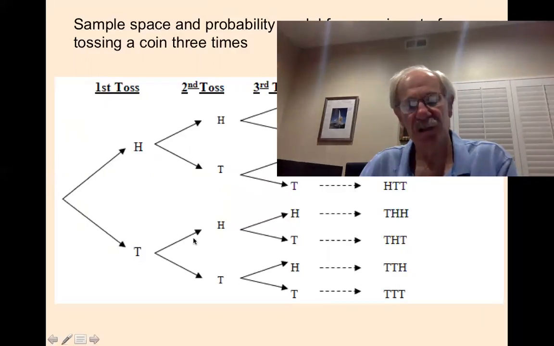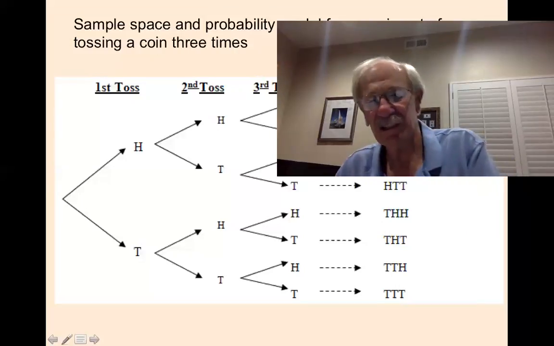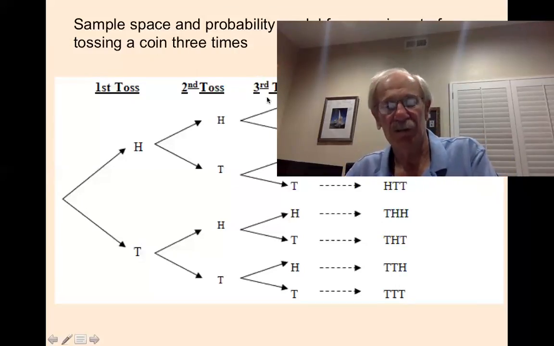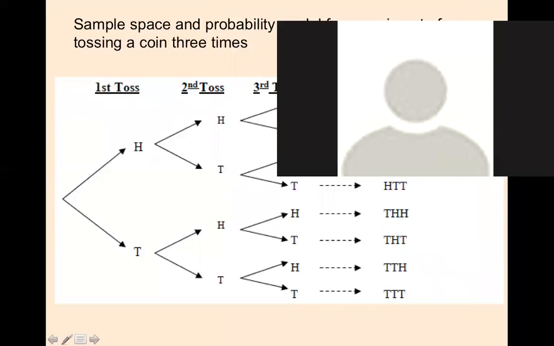Here, the first was tails, second heads, etc. So this lists all the possibilities, and if I do this all the way out to the third toss, then I can list these things. This arrow means I came from here, which means I came from here, which means I came from here. So that's heads, heads, heads. This one means I ended with tails, which came from heads, so that's heads, heads, tails. We got that? Yes, so far.